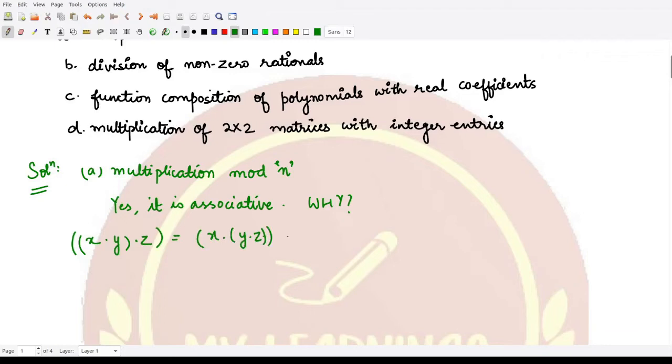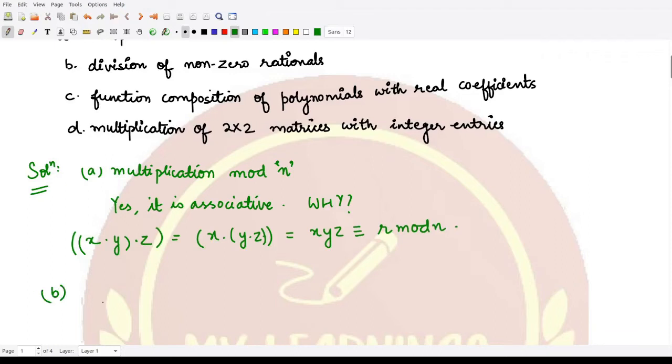It would just be xyz, and then you can take its mod. It would come out to be some r, which is the remainder, r mod n. So therefore it is associative in nature.